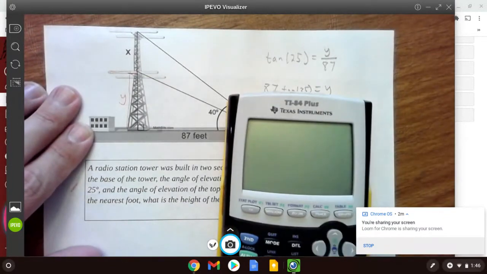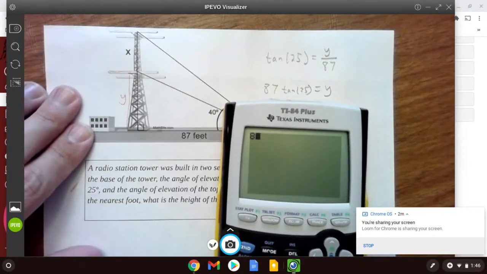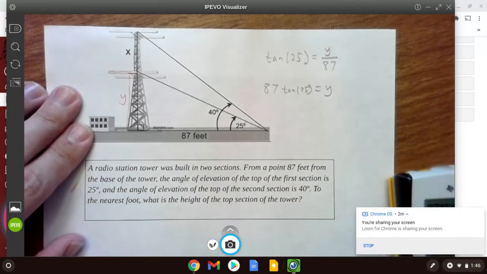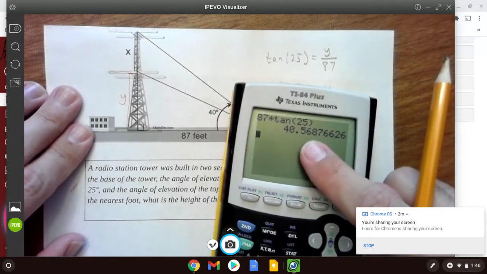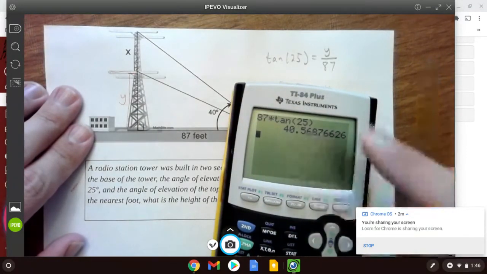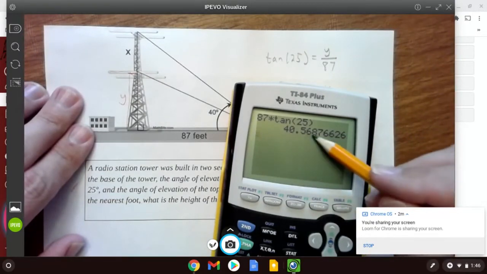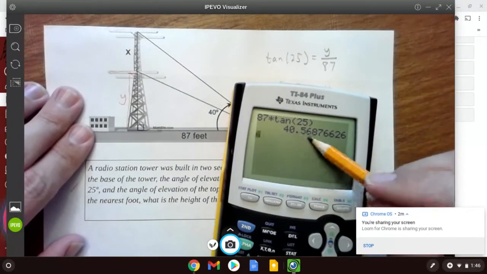Let's calculate that: 87 times tangent of 25. What is the height to the nearest foot? Let's just round this up to 41. No, let's actually do it with a couple of decimal places. So 40.57.